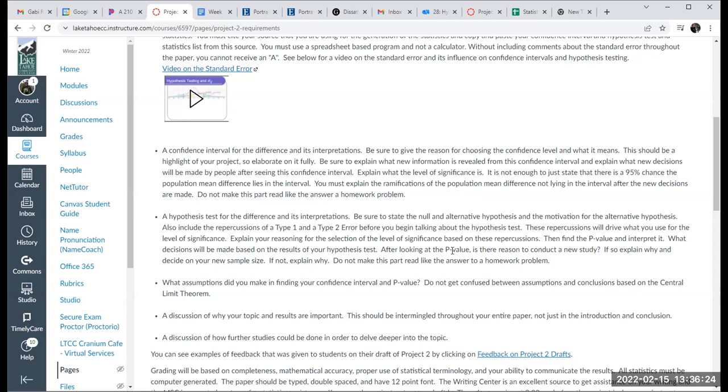Okay, now if the p-value is 0.01, should you worry about a type 1 error? The answer is yes, but not that much. Because 0.01 is very small.